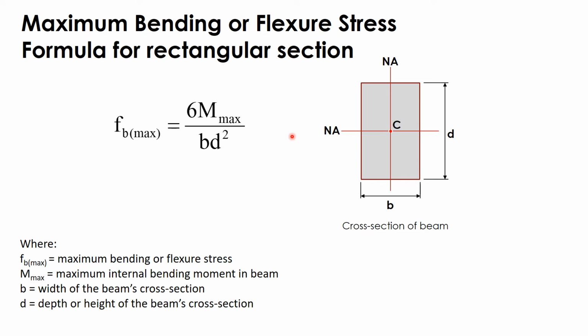So, the same with shear stress, if you need the maximum bending or flexure stress for a rectangular section, you no longer need to solve the centroidal moment of inertia. You only need these three data, and you can solve the maximum bending or flexure stress.